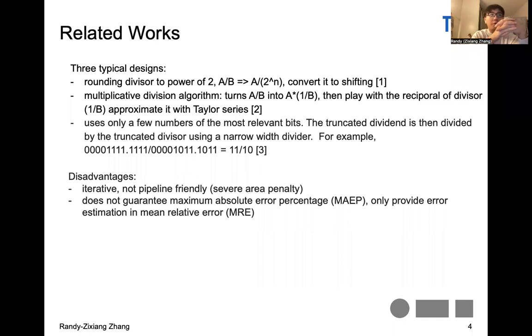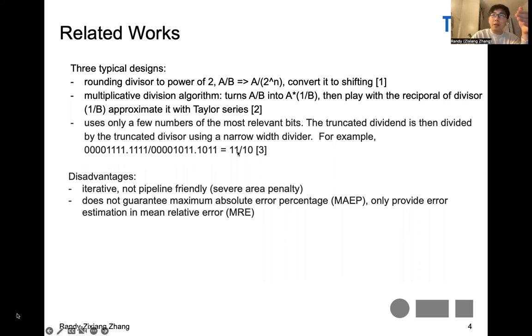And the third one is basically just using a smaller exact divider. Here's a brief example. This is a 12-bit number with the first 8 bits as integer, and you will see the actual division is like this.